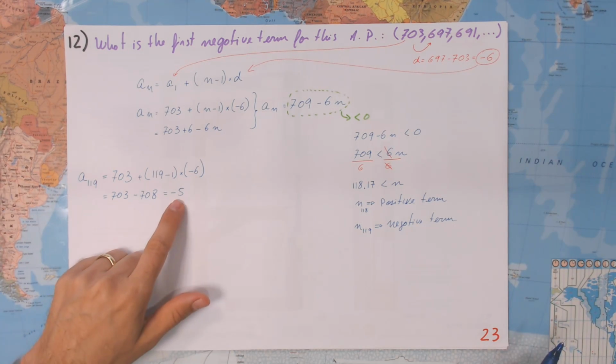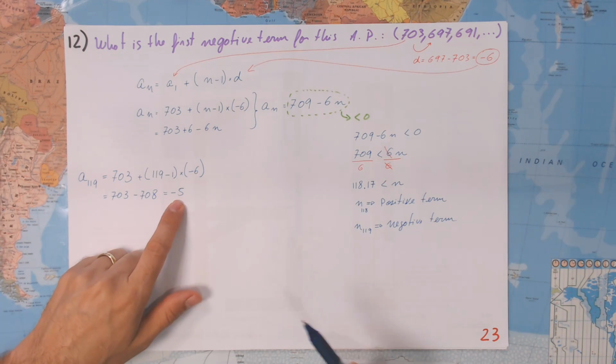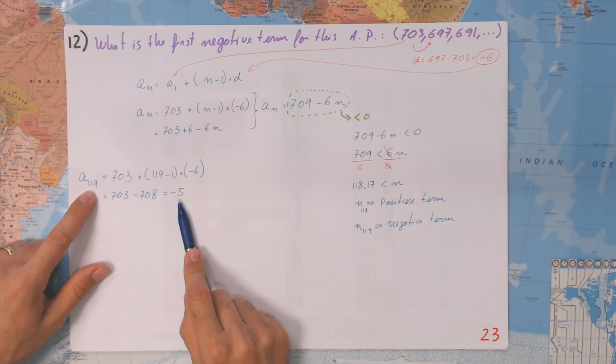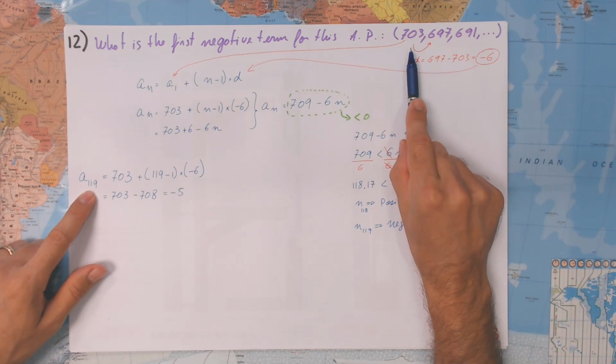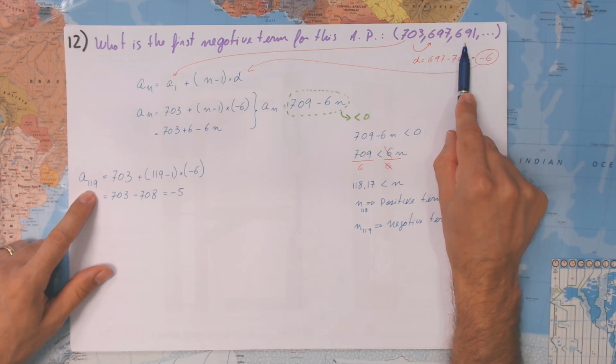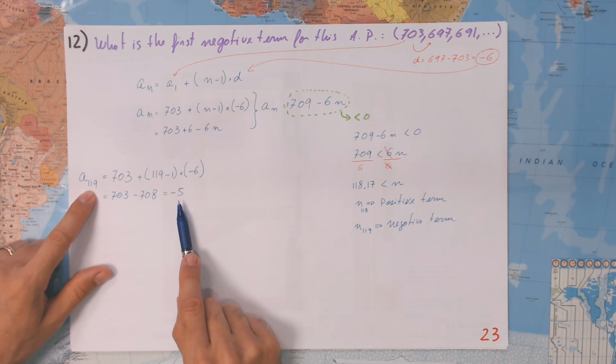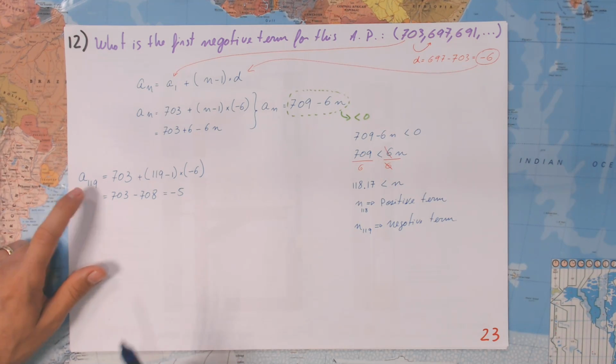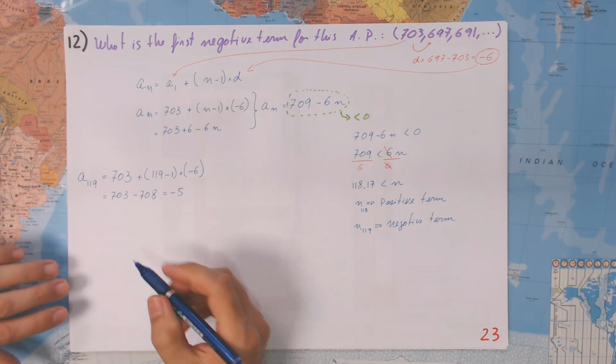Is this the first negative term? Yes, it is. But how can I know if I don't know the term 118? Well, because if we are following 6 after each term, if a119 is minus 5, then a118 must be 1, right? I'm not going to do the math because there is no need.